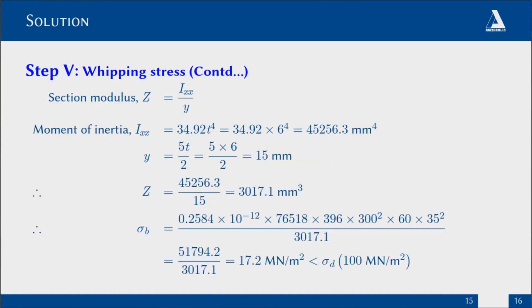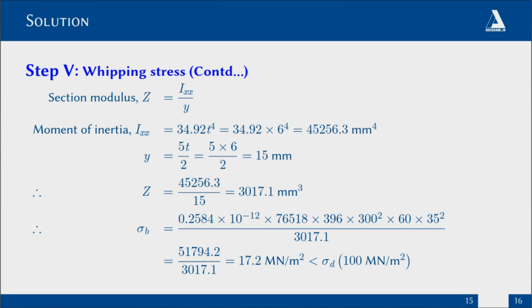And Z is the section modulus of the I section, that is Ixx divided by y. Ixx is the moment of inertia, that is 34.92 t raised to 4. t is 6, therefore Ixx is obtained as 45,256.3 millimeter raised to 4. y is 5t divided by 2, that is obtained as 15 millimeter.